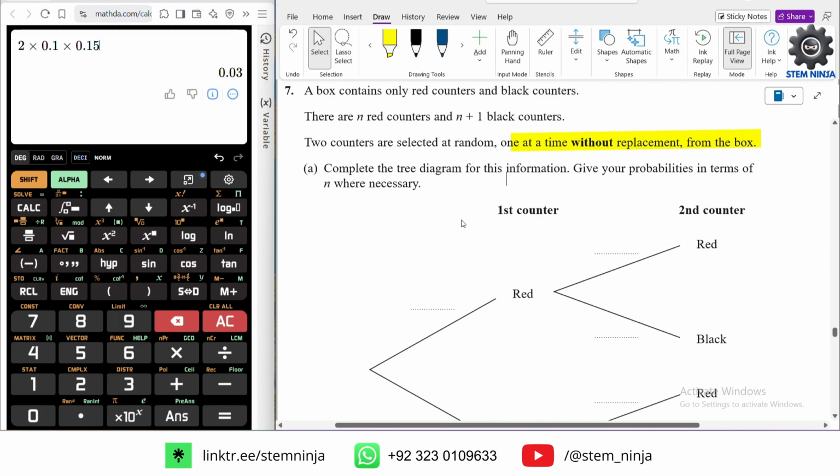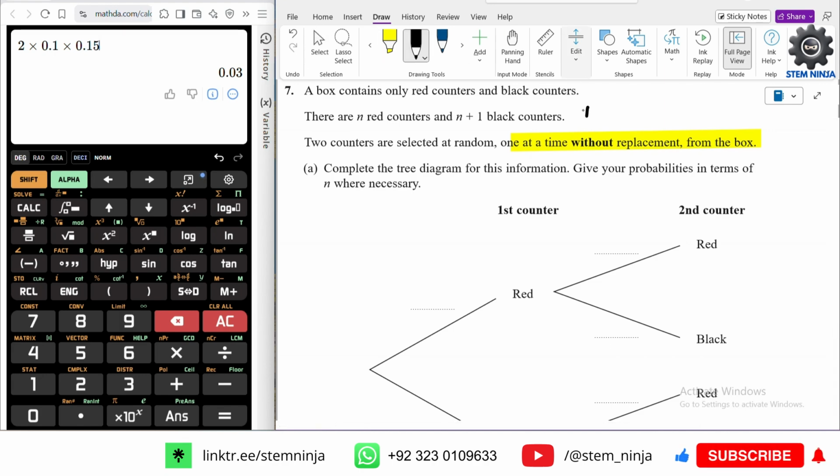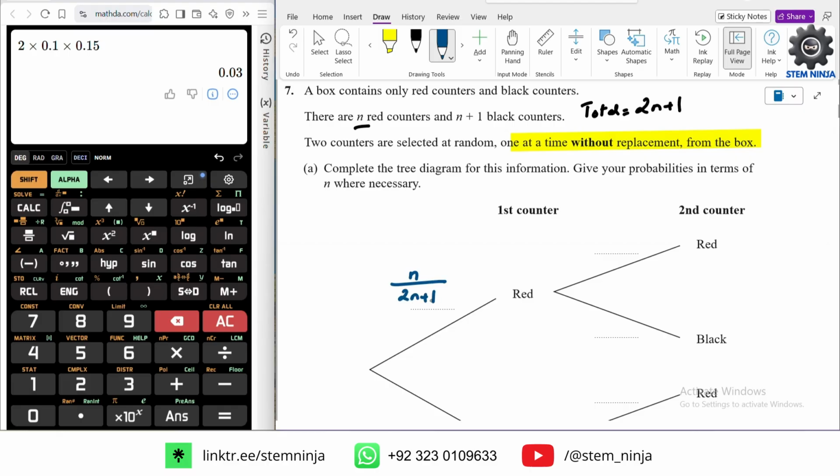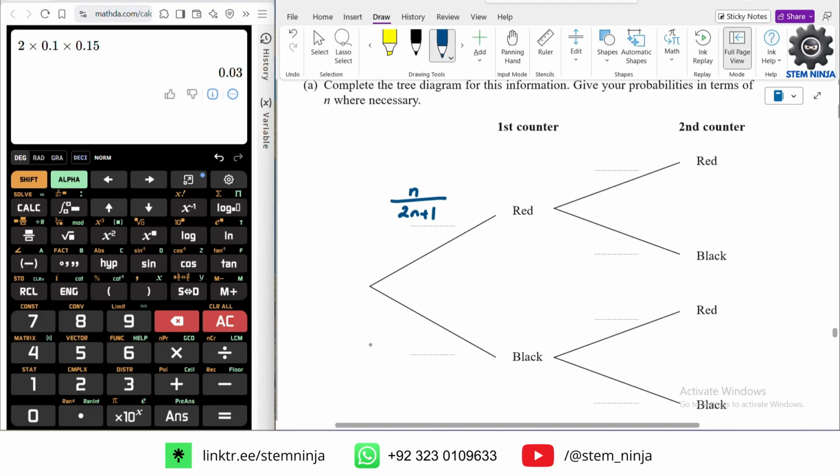Okay, so total counters are n plus n plus 1, which is 2n plus 1. However, they are going to get reduced over time. So n red counters, so the first one is n divided by 2n plus 1, and the first time n plus 1 divided by 2n plus 1.